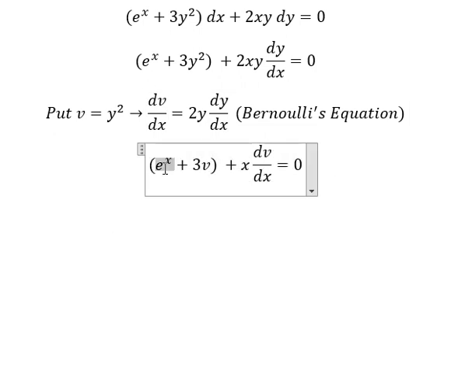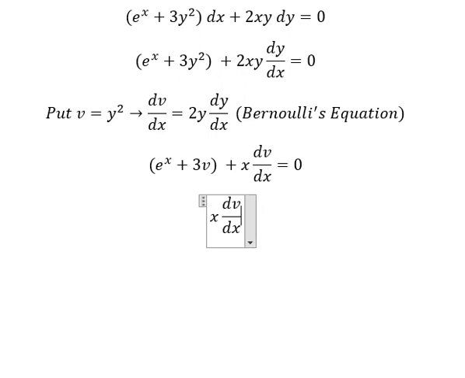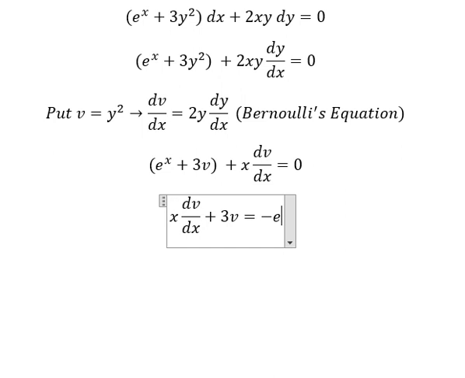Next, this one I will put on the right, and now we have like this. Next, we divide both sides by x.